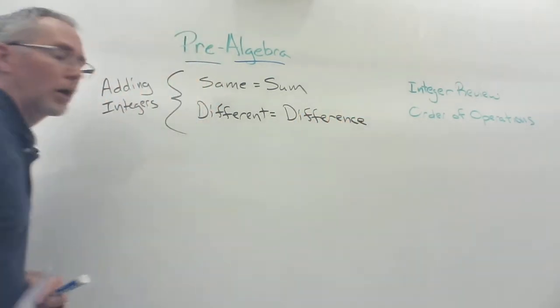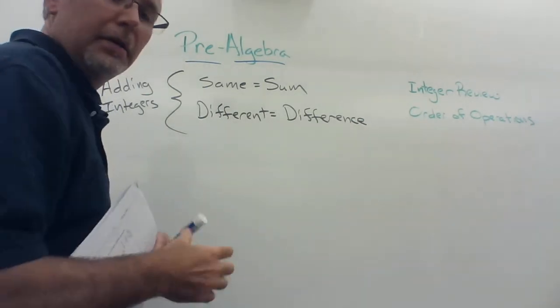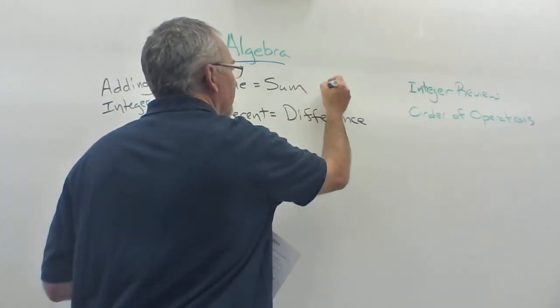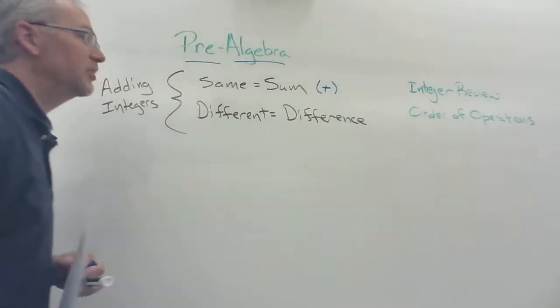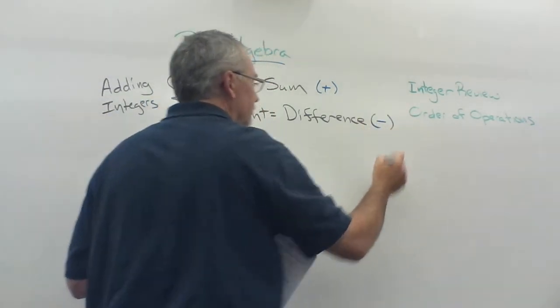And if we know our terminology from math, we know that when something has a sum, it means that it's the answer to an addition problem. And when something has a difference, it means it's the answer to a subtraction problem.